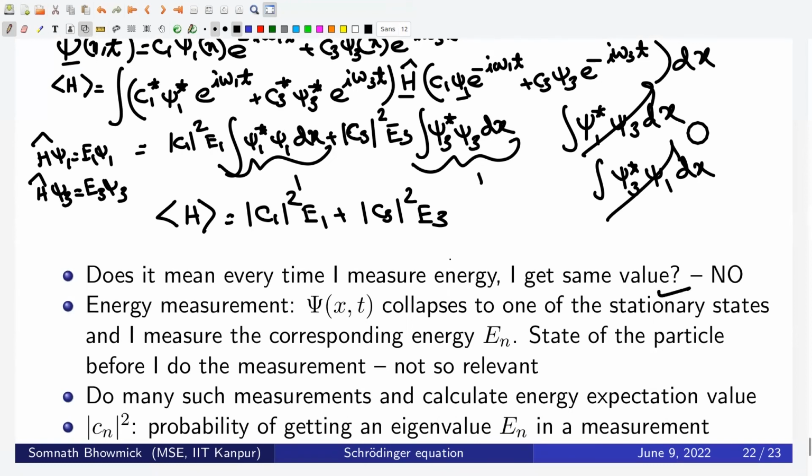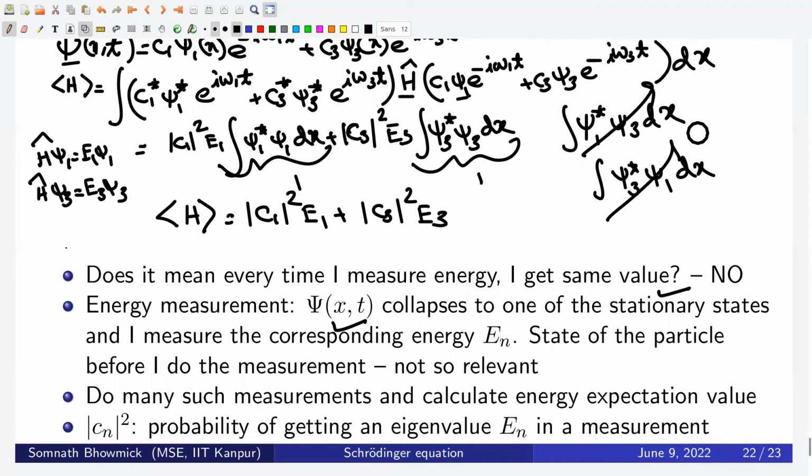That means psi(x,t) will collapse to either the ground state or the excited state, and then I measure the corresponding energy En. The state of the particle before I do the measurement is not a relevant question. You do many such measurements and calculate the energy expectation value.